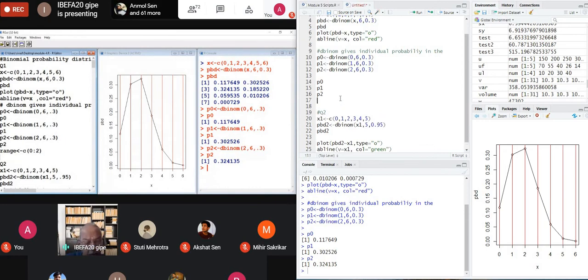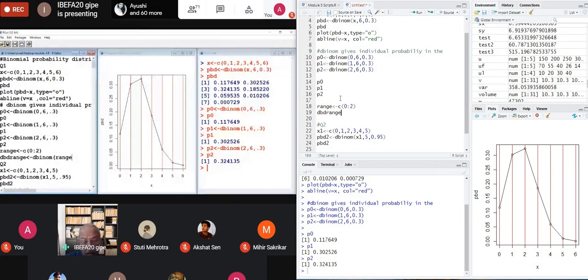I denote the binomial distribution for the range: dbinom(range, 6, 0.3). Get the output.